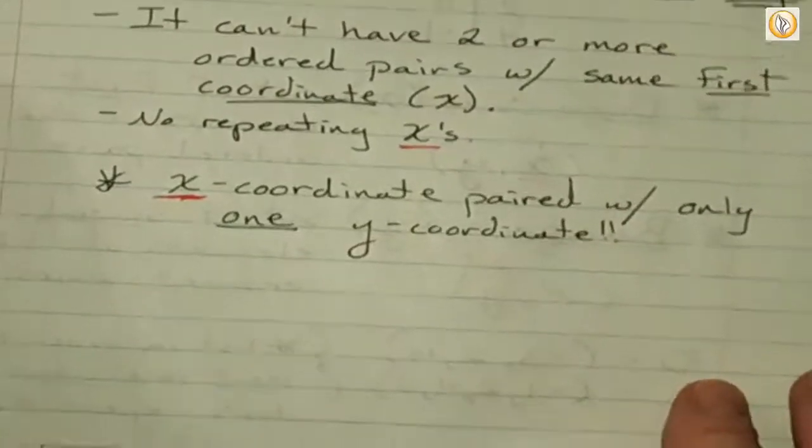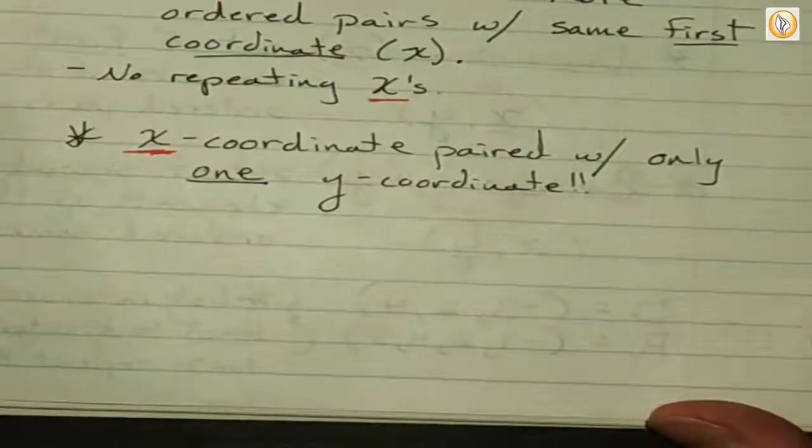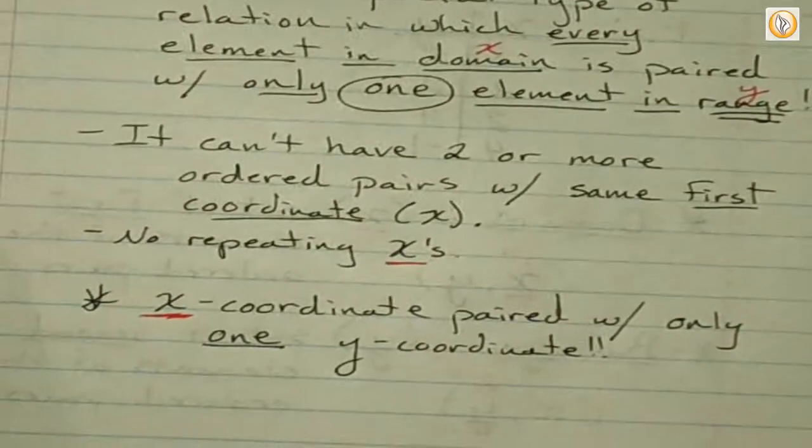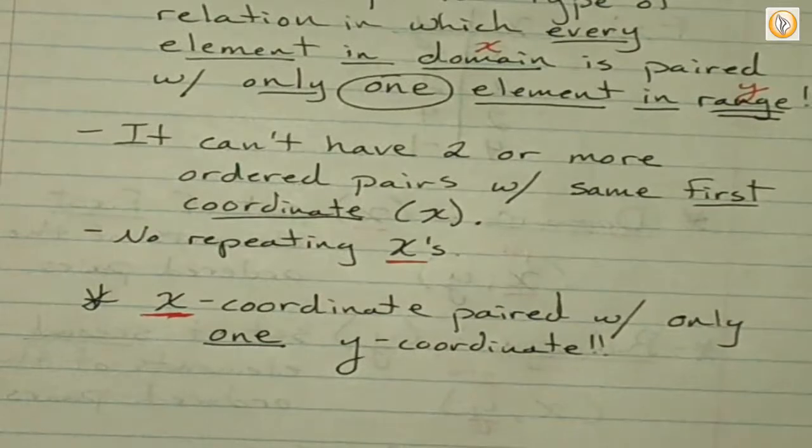Okay, all right. Not finished writing down? Where are you at? X coordinate. Okay, go ahead.